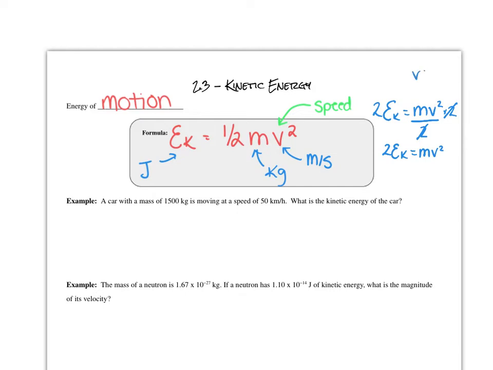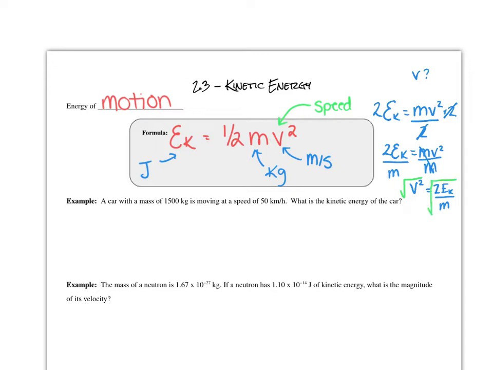Again, we're looking for velocity, just as a practice. So we'll divide both sides by m. M's cancel. And I'm left with v squared is equal to 2 times EK all over m. To get rid of that square, we have to square root both sides.